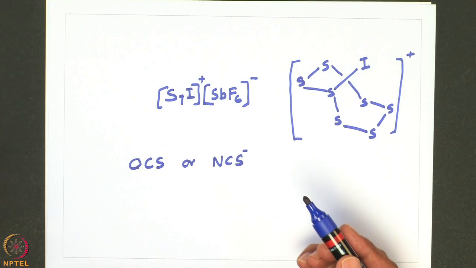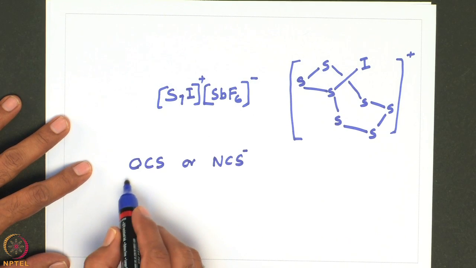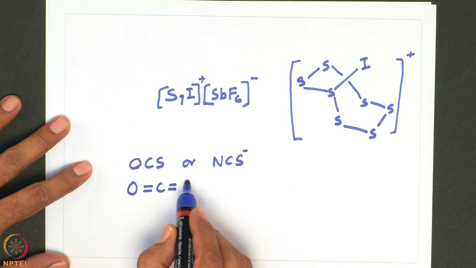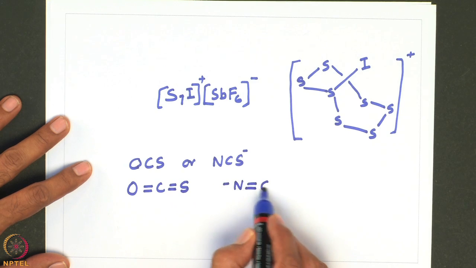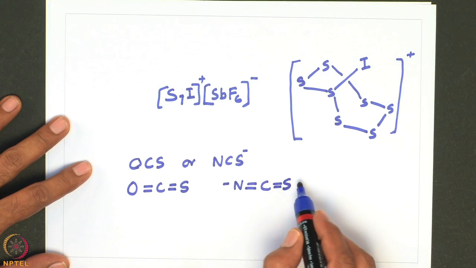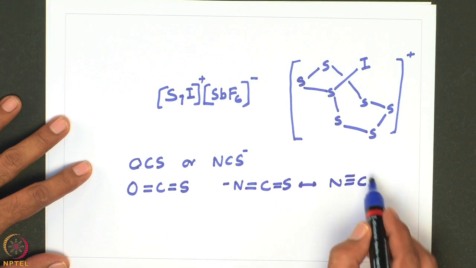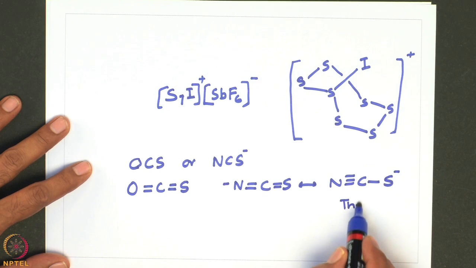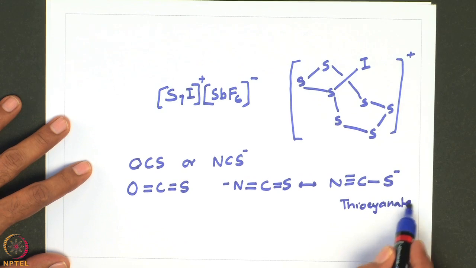For example, the structure of this one is similar to CO2, and one can also write the thiocyanate structure, or one can also write another possible structure like this. This is thiocyanate.